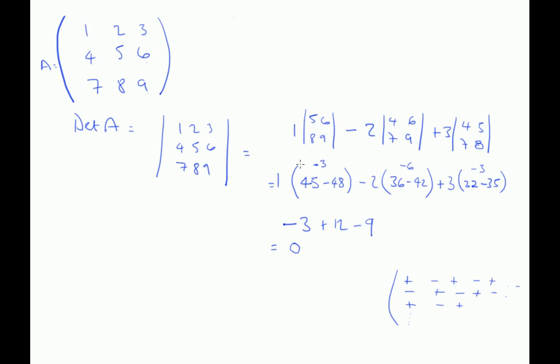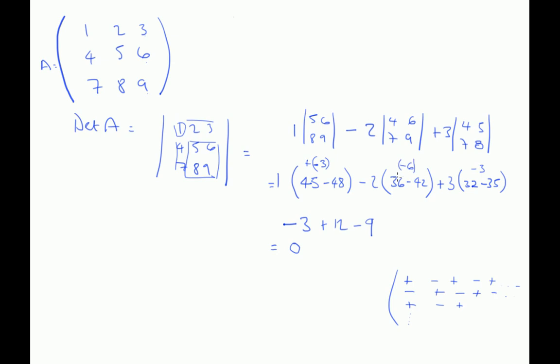So we call these the cofactors, and that is a combination of the determinant of the minor, so that's the minor, which is, if we're looking at this value which has this row and this column, the remaining determinant of the minor. This is the minor 5, 6, 8, 9, which gives us this 45 minus 48, and then multiplied throughout by having the sign corresponding to its place. So we say that the cofactor of this is plus minus 3.